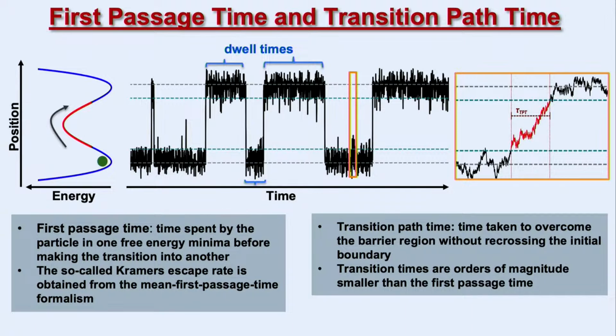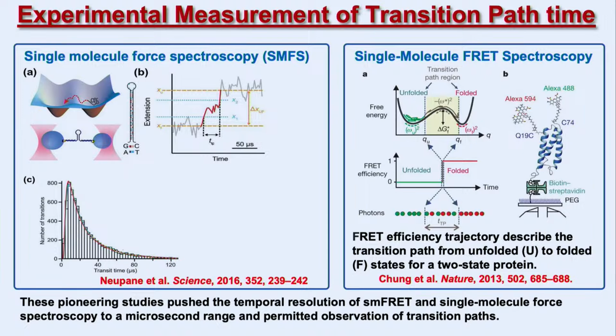One can look into these transition path times from simulations, but naive simulation techniques will not give proper statistics because they are rare events, and one also needs to take care of the computational cost. Quite some time ago, single molecule experimental techniques came into the picture that could give very good time resolution. Single molecule force spectroscopy and single molecule FRET measurements were important.